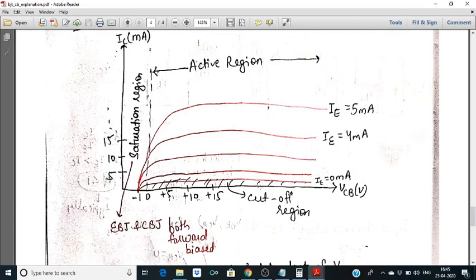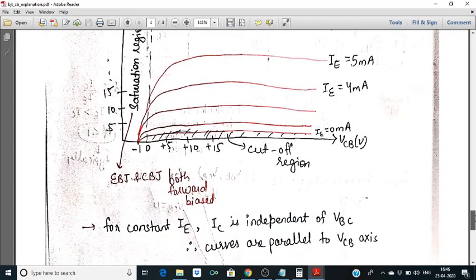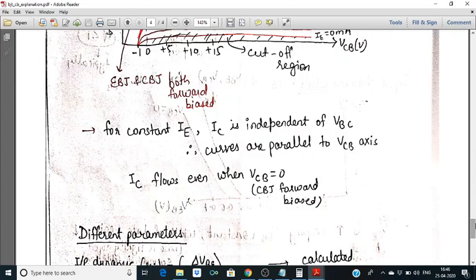In this region both the junctions are reverse biased. We can see that IC flows even when VCB is 0, because in this case the emitter base junction is forward biased, and the collector base junction is also forward biased, so we are getting some IC value.